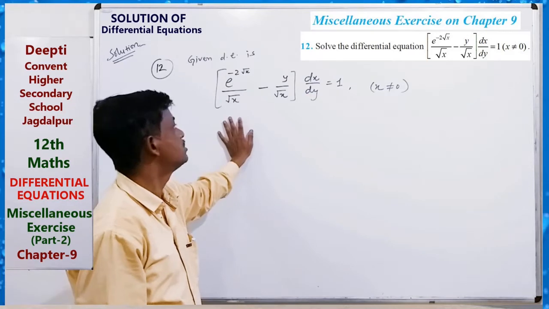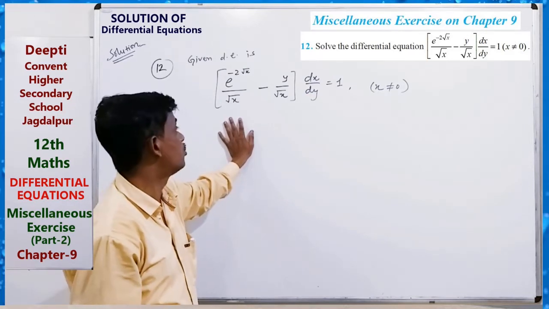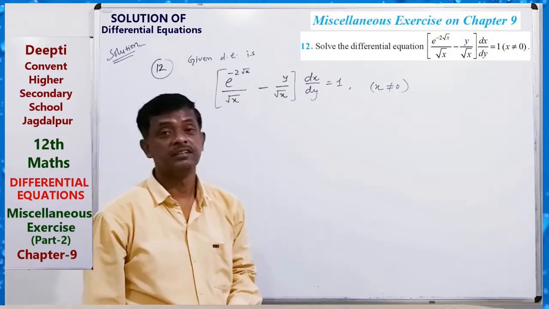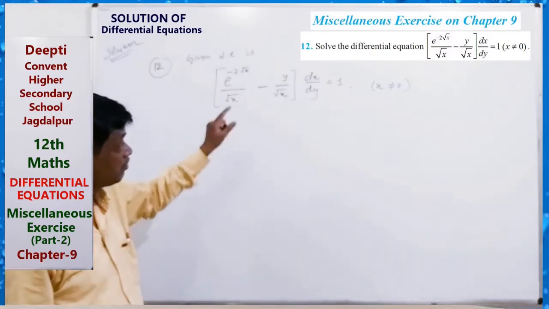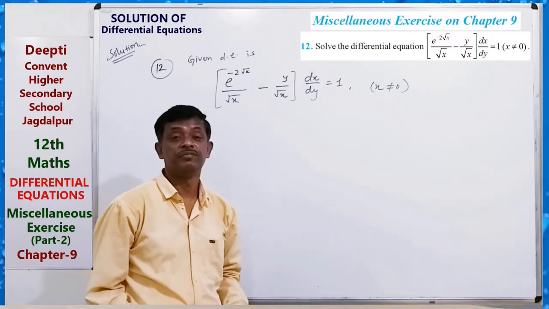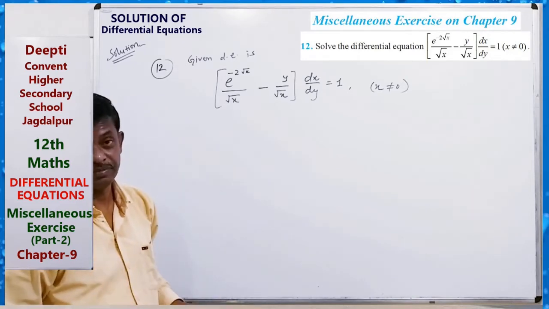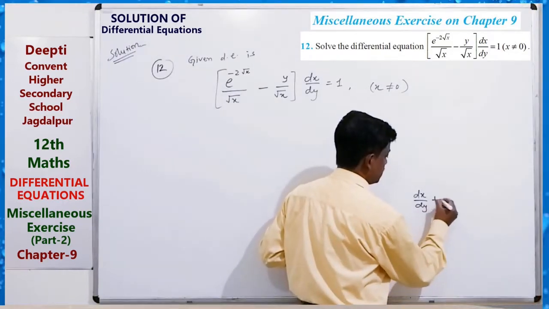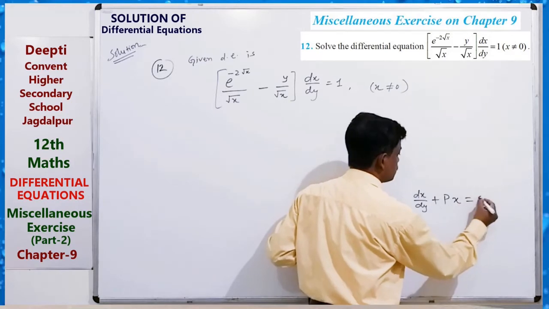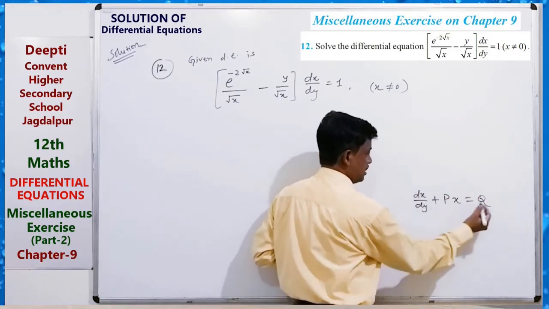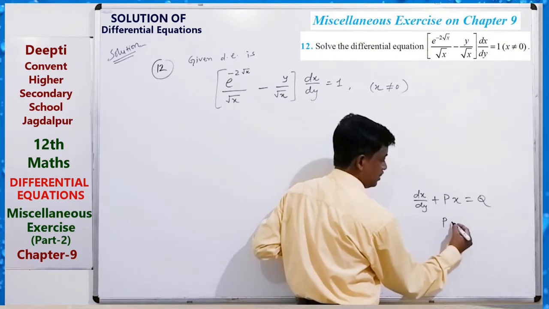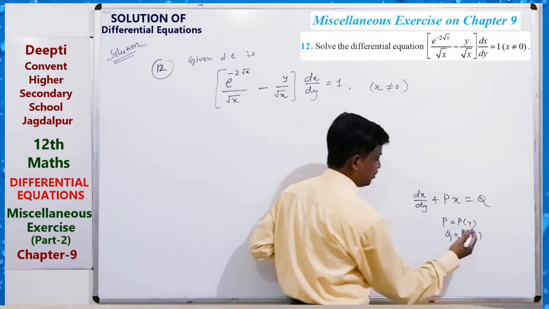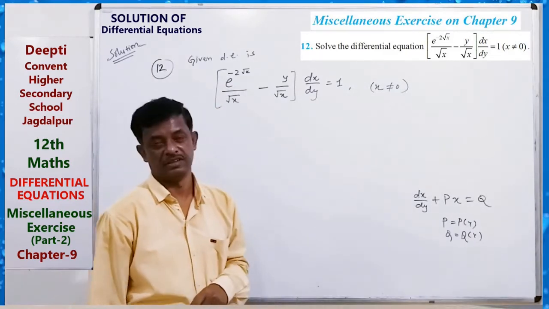It is also not a homogeneous equation, and not directly a linear differential equation, but it can be converted to the form of a linear differential equation: dx by dy plus p x equals q, where p and q are functions of y.